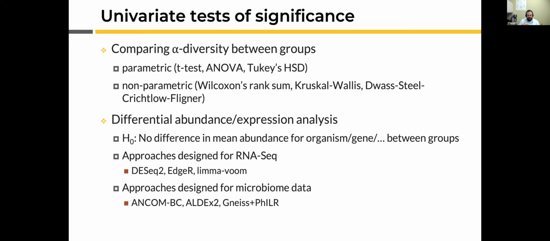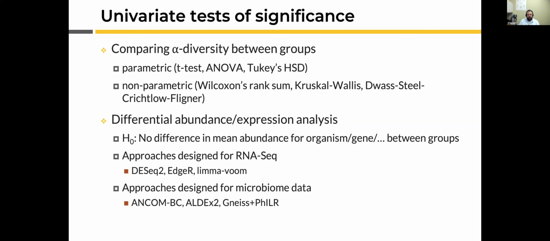We kind of mentioned this before when I showed the CHIME plots, but how do we compare alpha diversity between groups? This really gets back to just basic statistics. Since alpha diversity is one number for each sample, you group all the samples by the groups of interest and then apply standard univariate statistics.